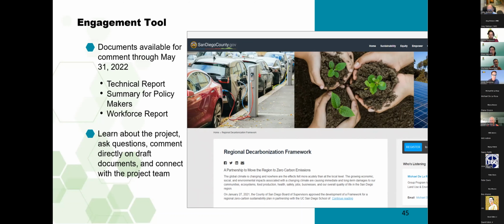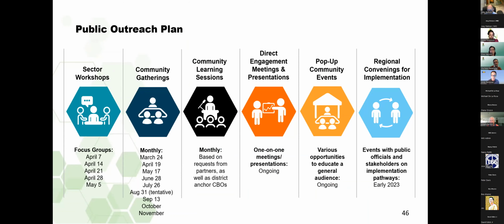As a reminder about next steps, our next meetings at this level, these community gatherings, are June 28th and then July 26th. We have those queued up, and you can find links to RSVP for those meetings. We encourage you to share those with your friends, neighbors, and colleagues.